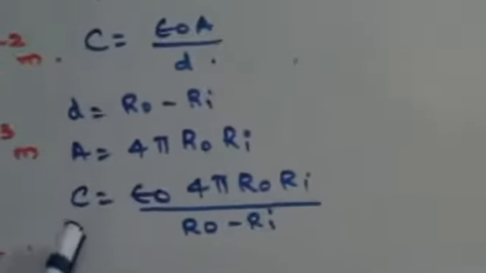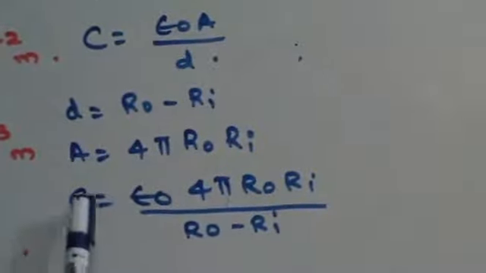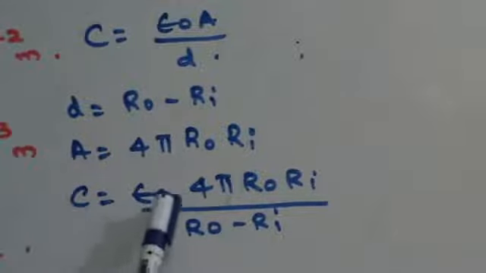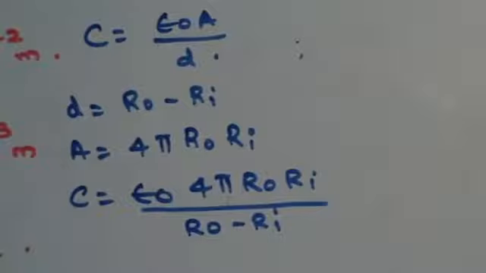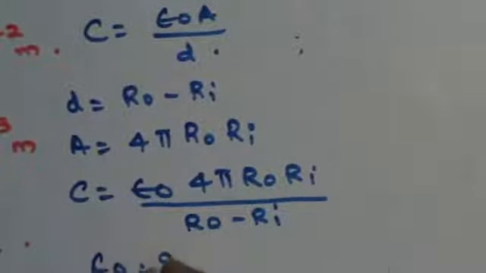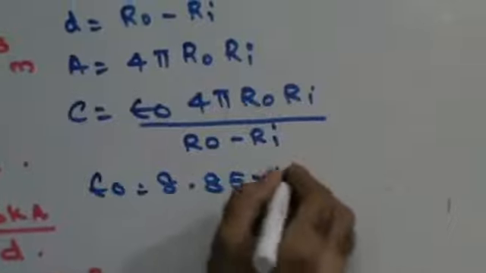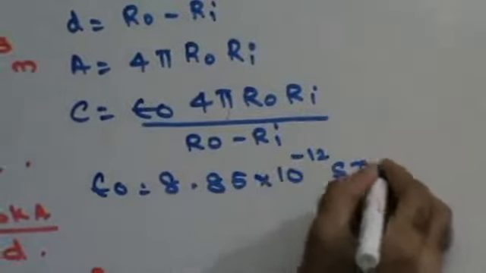Now, let's see this. You will use the formula. What you have to remember is that when you have a hollow sphere, then it will be nothing but epsilon 0 4 pi, the product of the two radii divided by the difference between the two radii. Fine. So when you solve this, you will get this answer, where we know that epsilon 0 is 8.85 into 10 raised to minus 12 SI units.